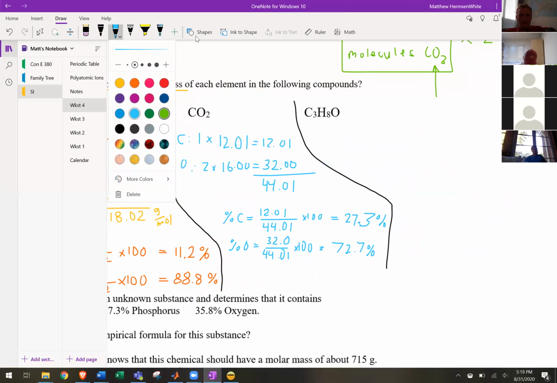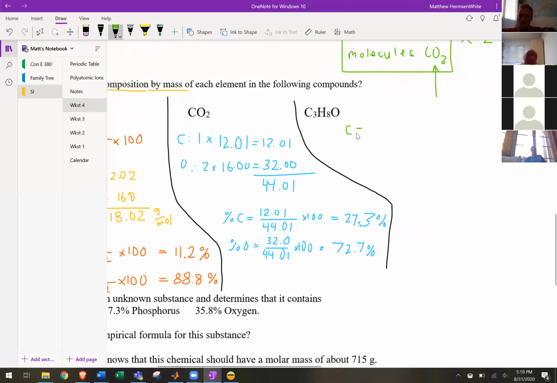And then lastly, C3H8O, this is propanol. So for carbon, once again, we're going to find with 3 carbons times a molar mass of 12.01. That gives us 36.03. For hydrogen, we have 8 hydrogens times 1.01.